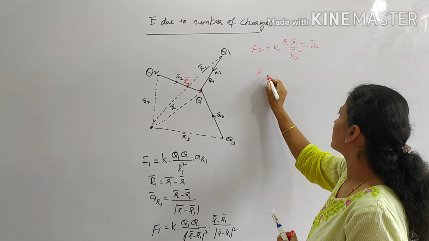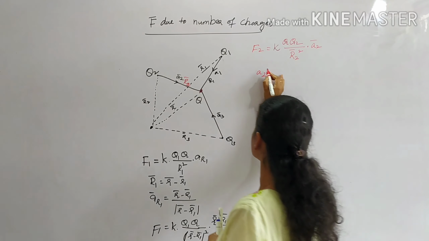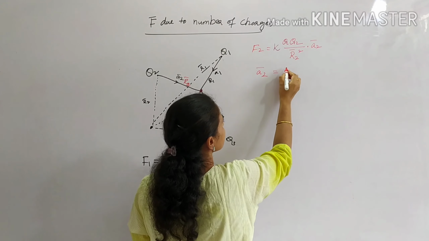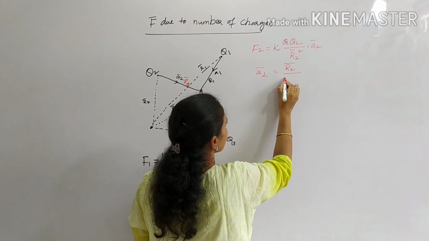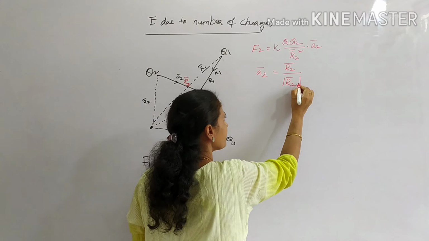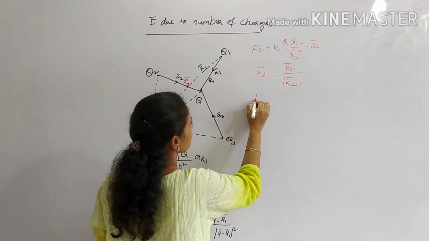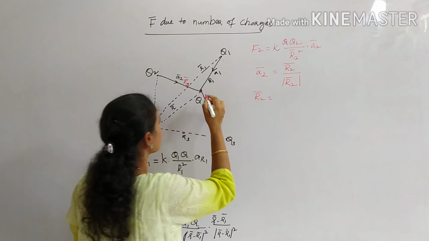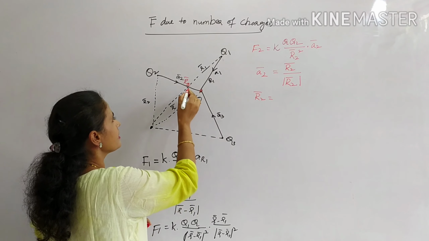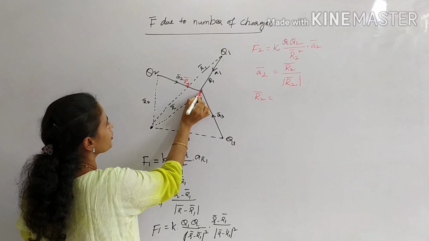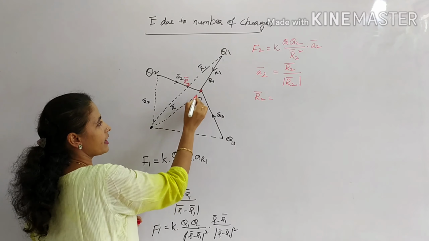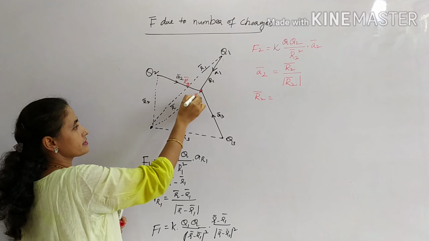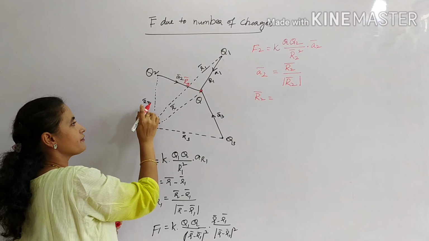So the unit vector A2 is given by the distance vector of R2 divided by the magnitude of the distance vector of R2. Now what is this R2? Q is at a distance of R bar from the origin and Q2 is at a distance of R2 bar.